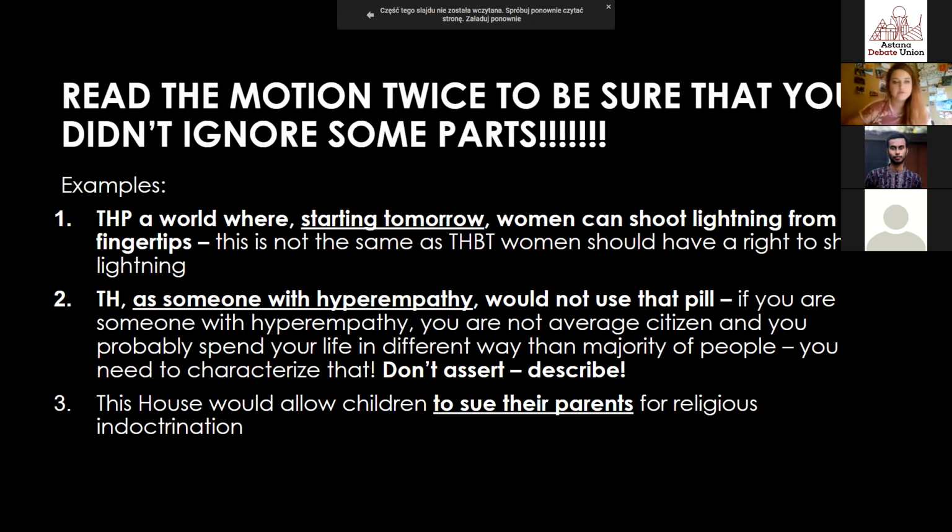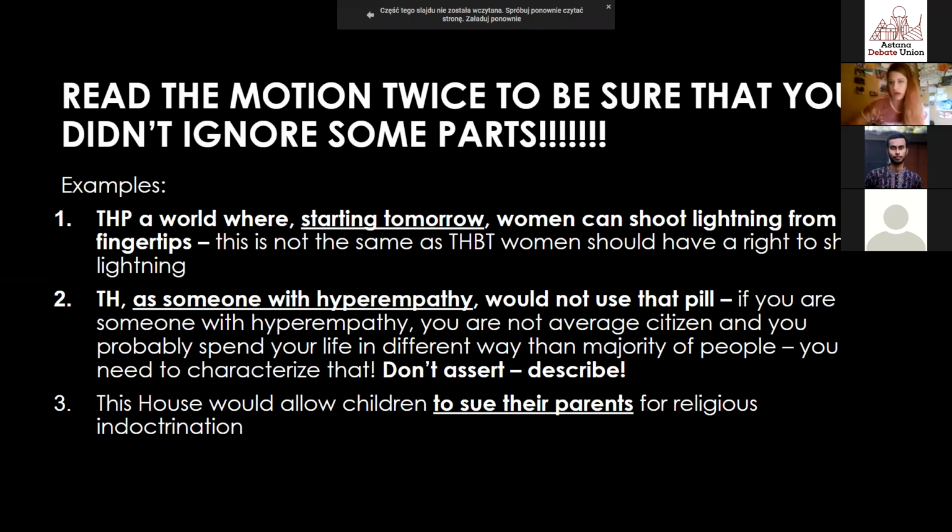How does it look? If the motion is, this house prefers a world where starting tomorrow, women can shoot lightning from their fingertips, this is not the same motion as this house believes that women should have a right to shoot lightning. Because you need to analyze how the world which we know already will react when tomorrow people wake up with superpowers.